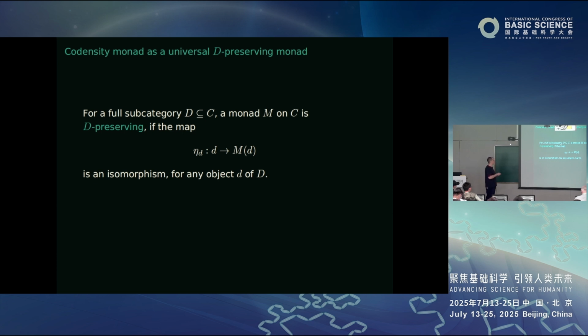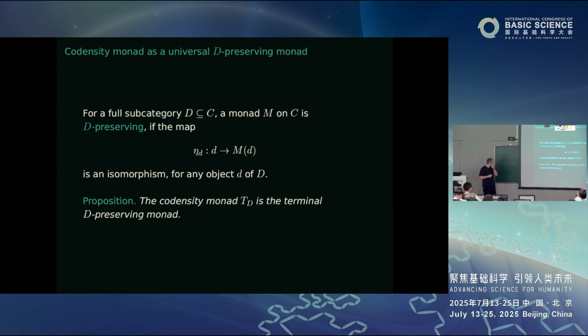If we have a full subcategory D inside of some category C, and we have some monad on C, we say that this monad is D-preserving if the D component of the unit map is an isomorphism for all objects D of D. In this case, we say M preserves D, because this is an isomorphism.